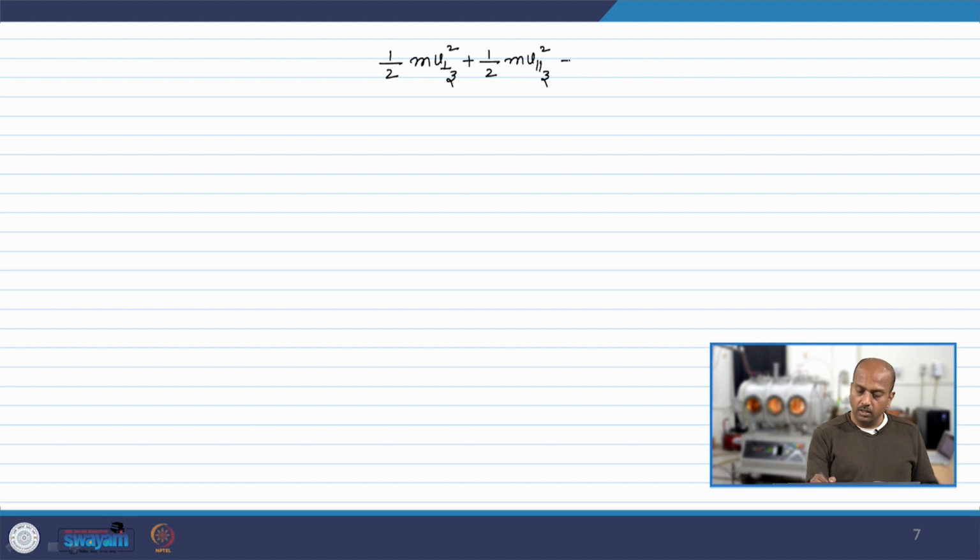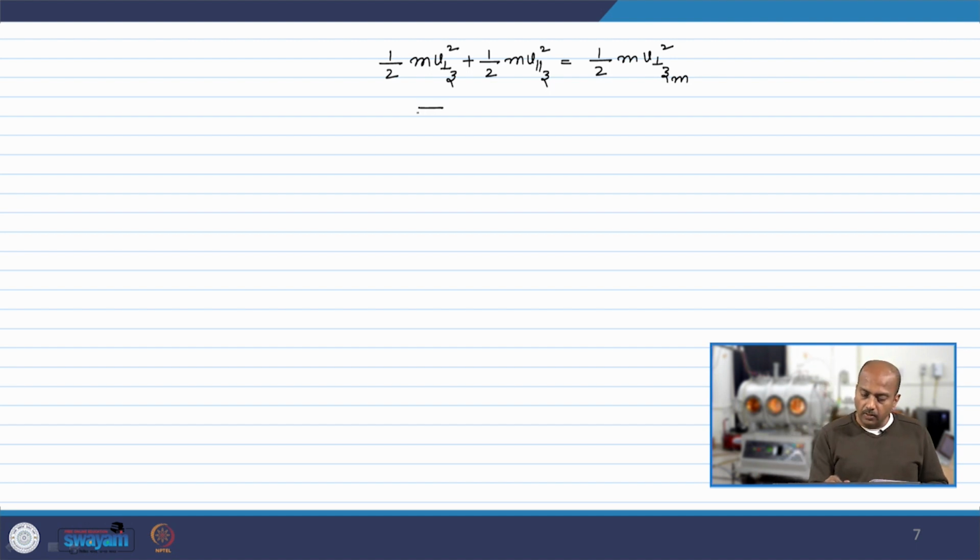Now, for the energy of the particle to be conserved, we will write half m v perpendicular z square plus half m v parallel z square is equal to half m v perpendicular zm square, because the parallel component at zm will be 0.